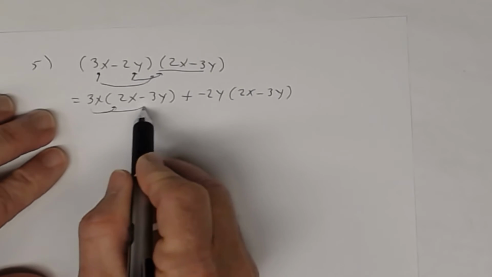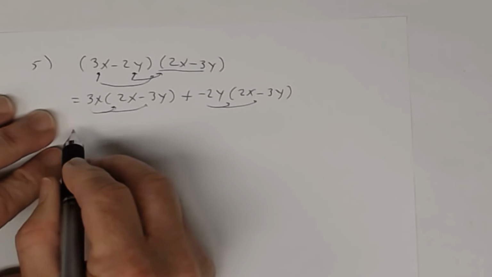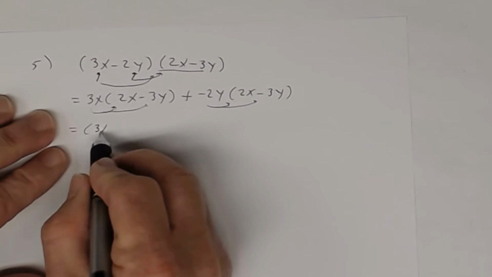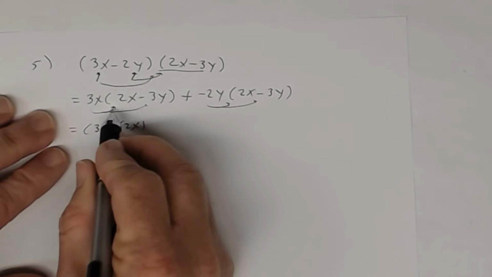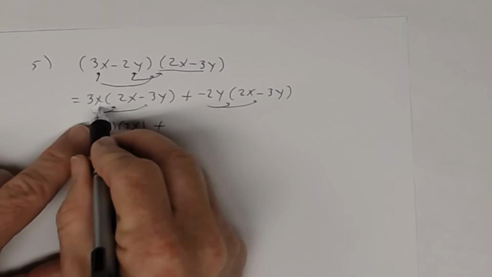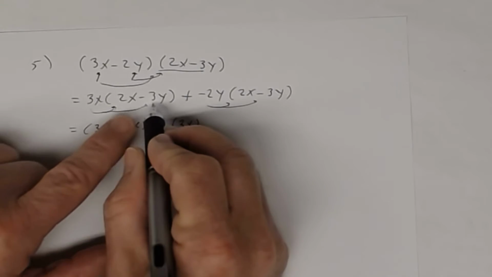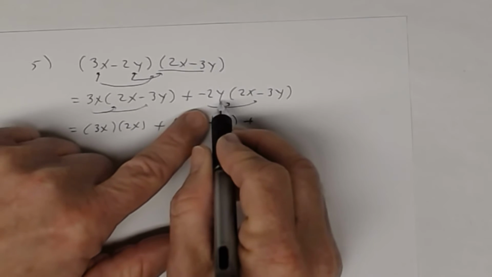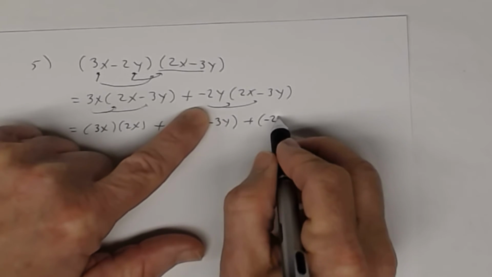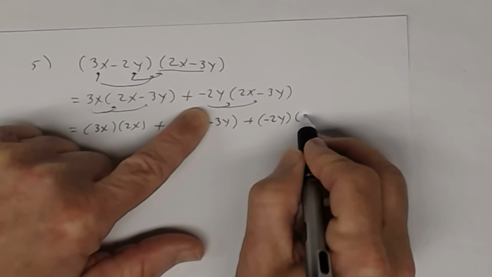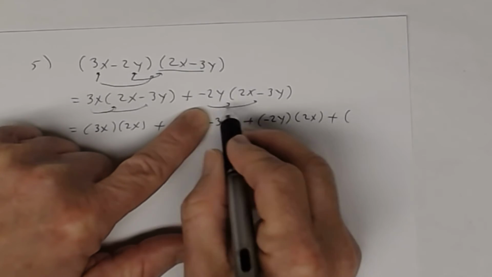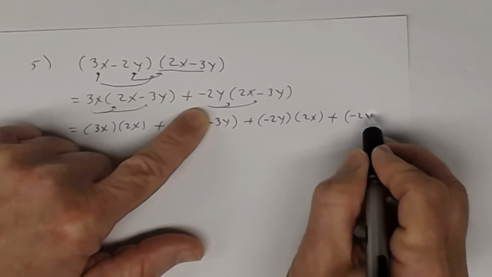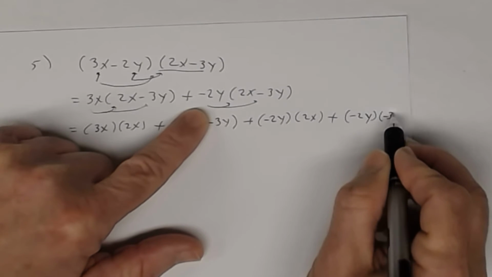Now using distributive property, I get 3x times 2x, so that's this right here, plus 3x times this term, which is a negative 3y, right? Now let's look at this. Plus a negative 2y times 2x plus a negative 2y times a negative 3y.